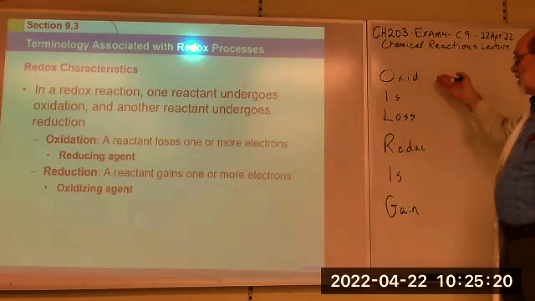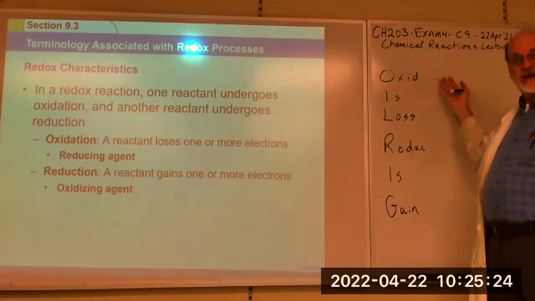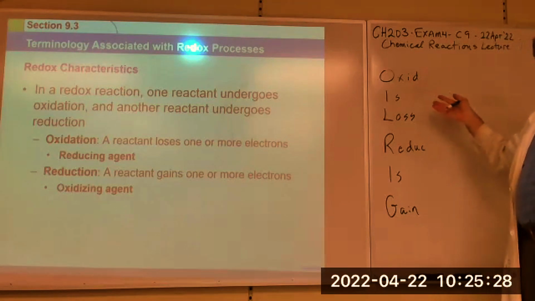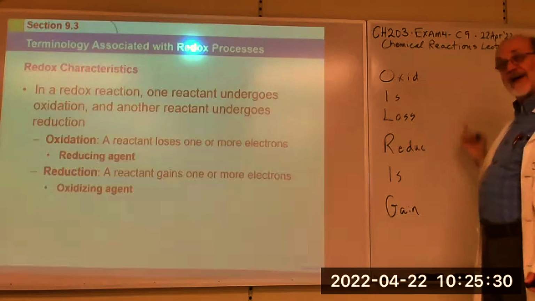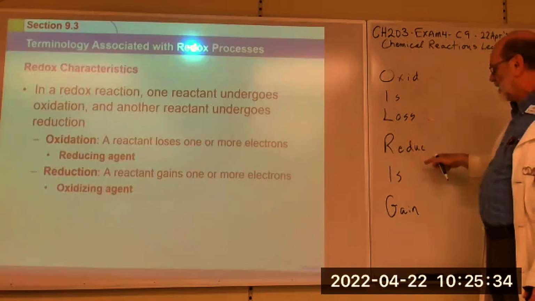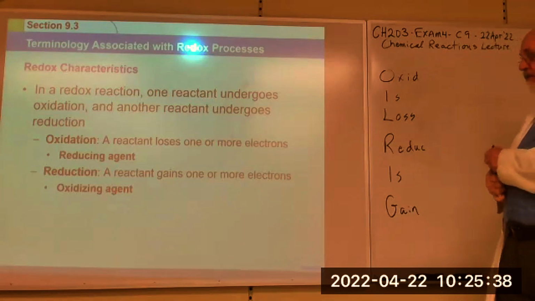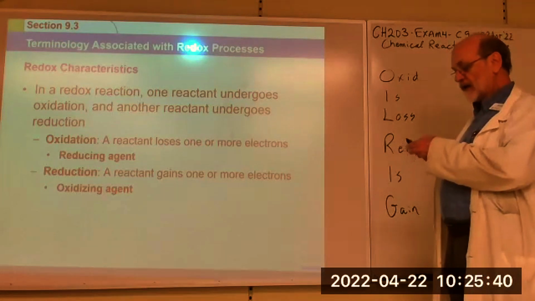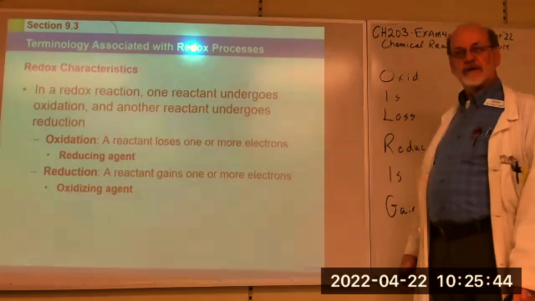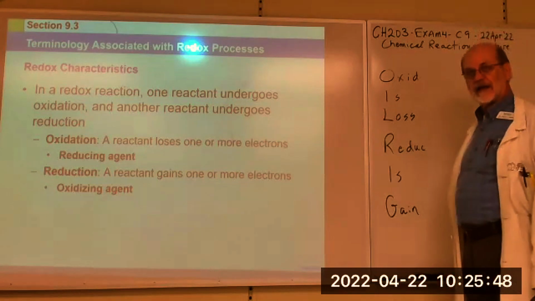So when something has lost one or more electrons, it is said to be oxidized. It's undergone oxidation. So that means something else had to gain that electron or more electrons. And reduction is gain. So when you think in those terms, oxidation and reduction are joined at the hip. You can't have one without the other.